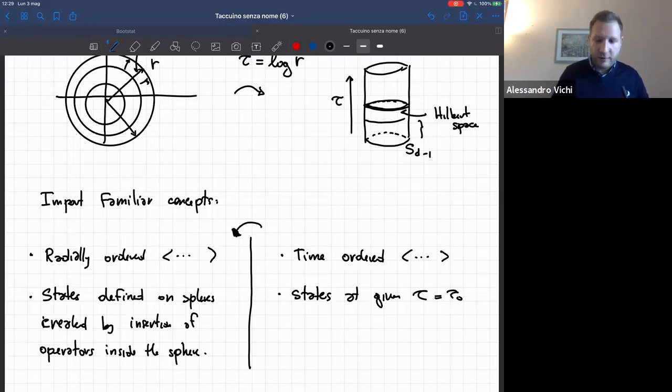In particular, for instance, normally on the cylinder we can push the operator to infinite negative time. Here we can push the operator to the origin.